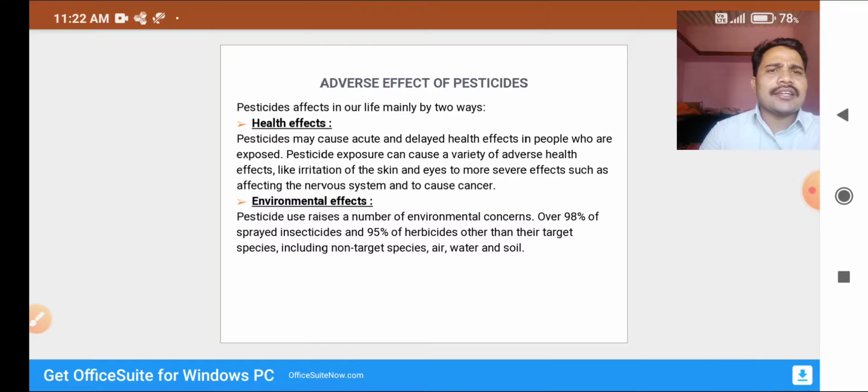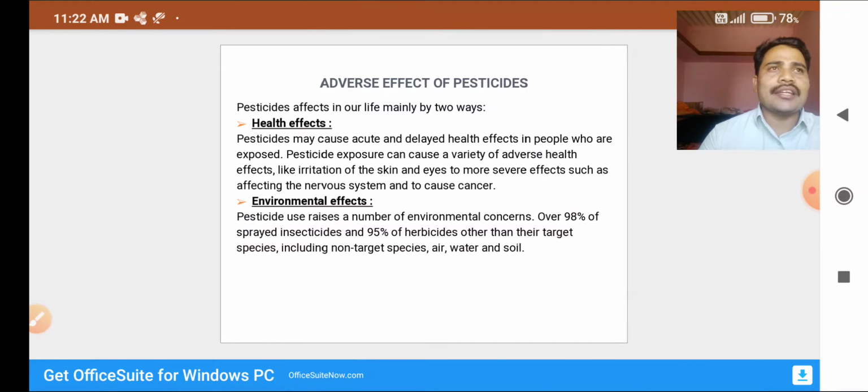Commonly in environmental effects, our environment is a major concern. The use of pesticides raises a number of environmental concerns. Over 98% of sprayed insecticides and 95% of herbicides reach a destination other than their target species, including non-target species, air, water, and soil. On our earth, air is vital for human respiration, water is essential for human beings, and soil too.